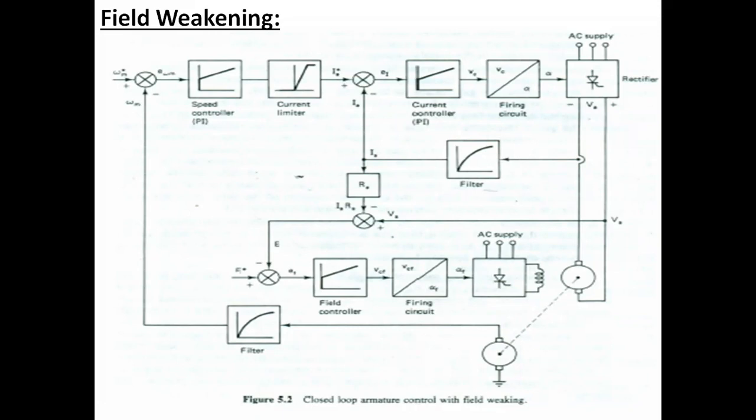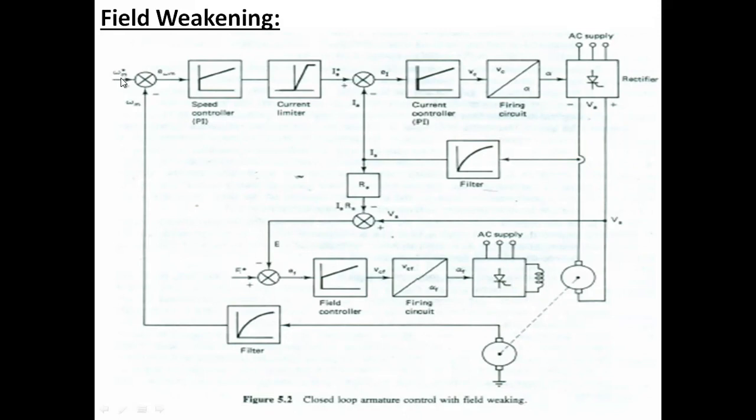The motor accelerates and the back EMF increases, and the field control loop error ER decreases. As it decreases, the field current also decreases. The motor speed continues to increase, and the field current decreases until the motor speed reaches the value demanded by omega m star.